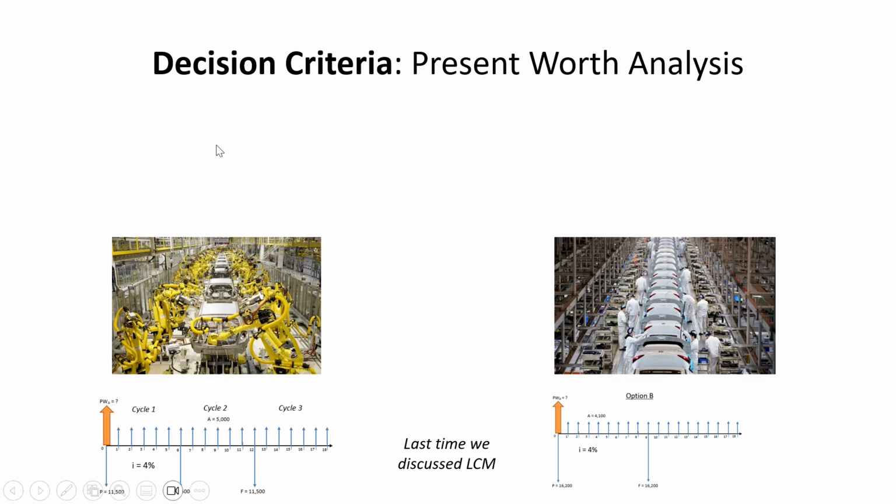We had one of the options which lasted for 6 years. Another one of the options lasted for 9. And the least common multiple is a study period of 18 years, which means purchasing the item and using it through its useful life 3 times for this computer-controlled equipment. And then the option B, we did 2 cycles of it.